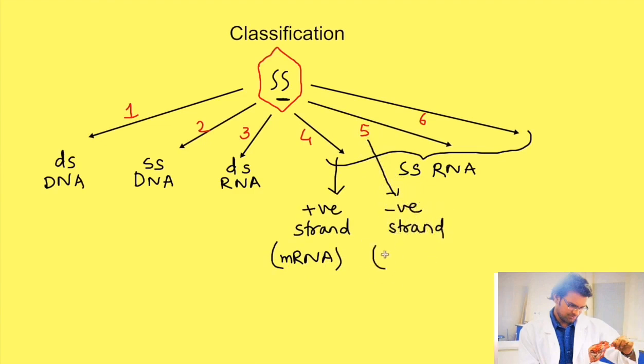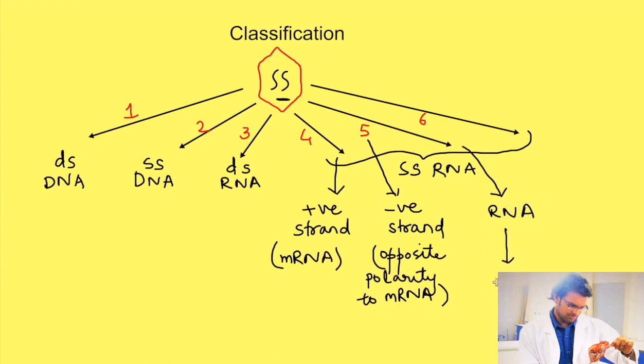So these RNAs need to be first converted to positive sense RNA, which can then be translated to proteins. It is not direct translation. In the 6th class, single-stranded RNA viruses have the capability to synthesize DNA from their RNA, since they possess an enzyme, reverse transcriptase.